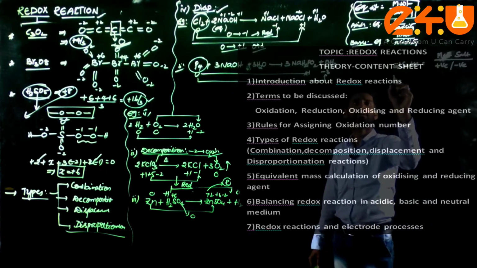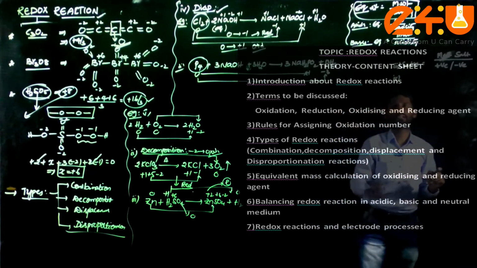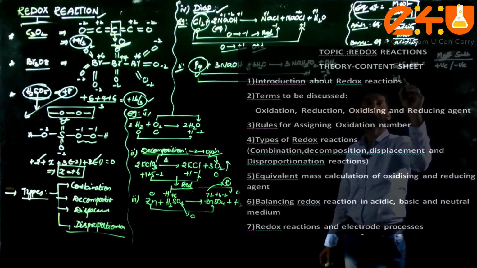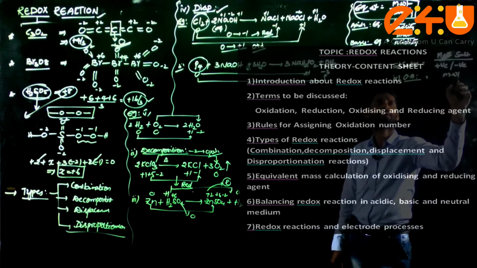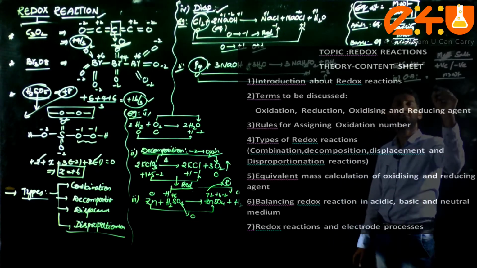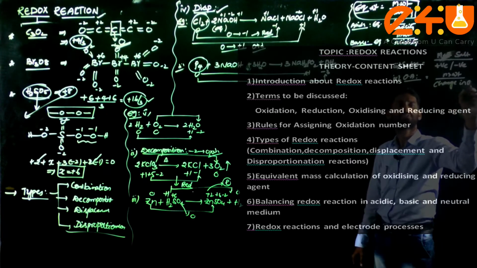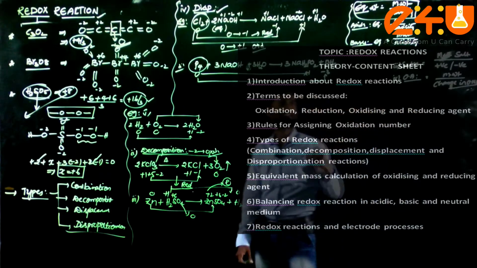Next, a very important point, our subject here now: oxidizing as well as reducing agent. How to calculate? Same: molecular mass or molecular weight of the particular compound divided by the change in oxidation number. Using this you can easily calculate.